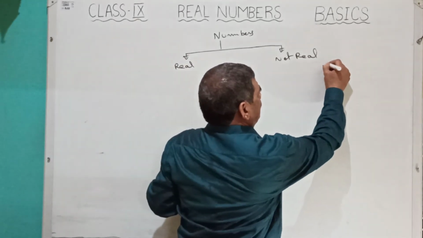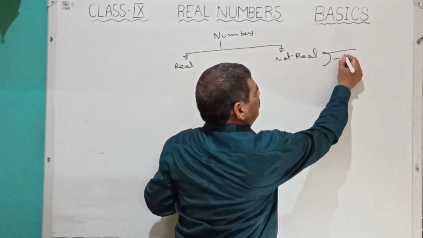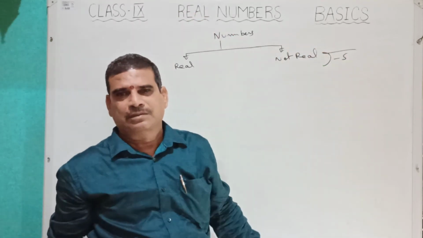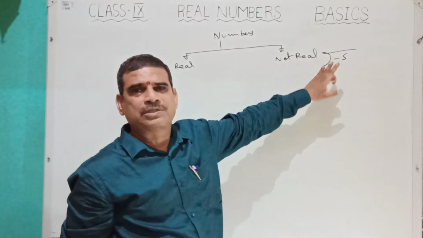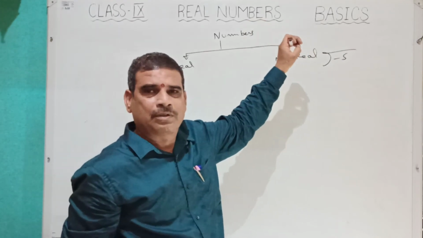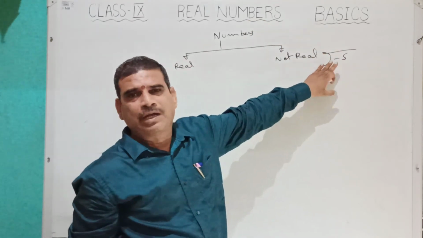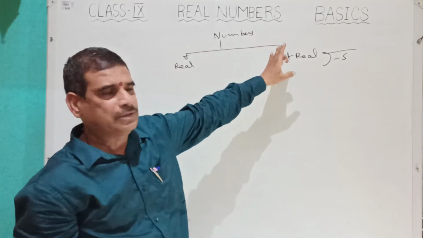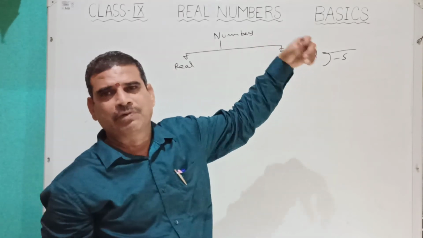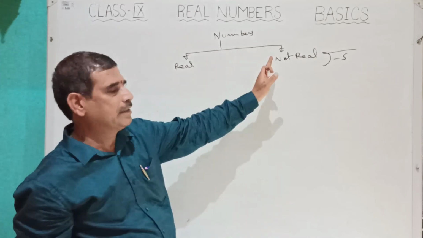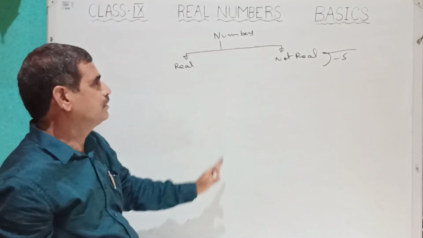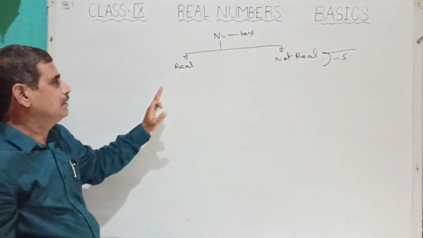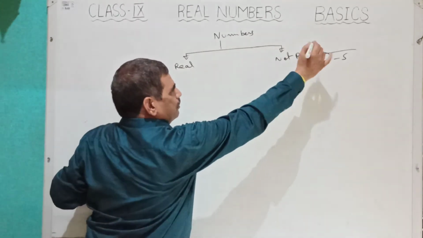In a root, negative numbers are there. These are called not real numbers. Till now there is no value. The value cannot be found yet. We will learn this in intermediate, not in 9th class, not in 10th class also. These are called not real numbers. So this is real numbers. So you forget about not real.